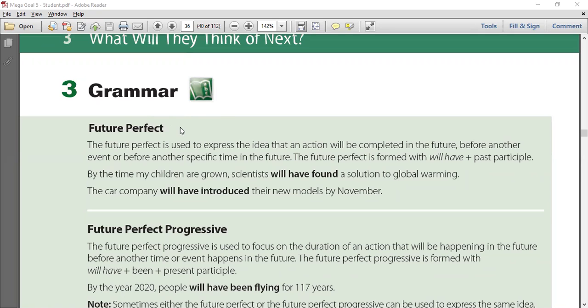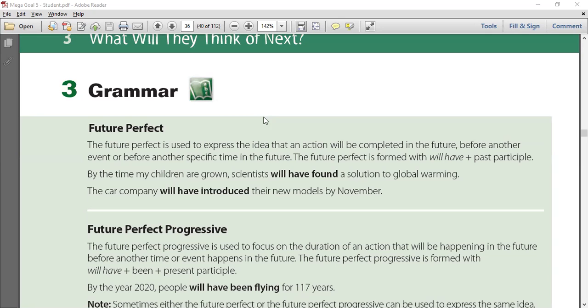This is case number one. Case number two is not two events but one event and a specific time in the future. So how will this event happen first in the future before this specific time comes? Clear?